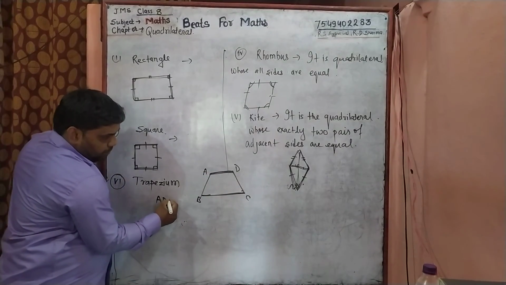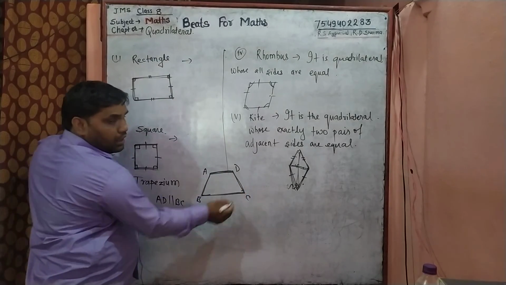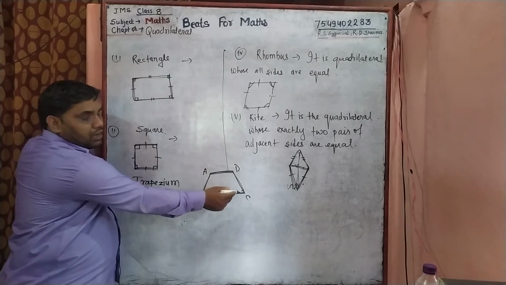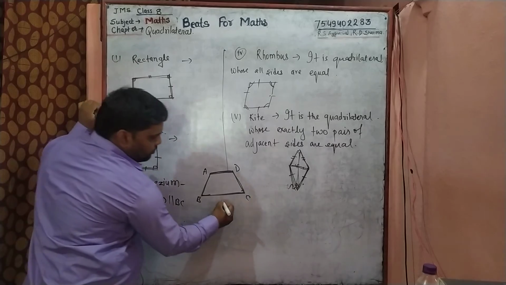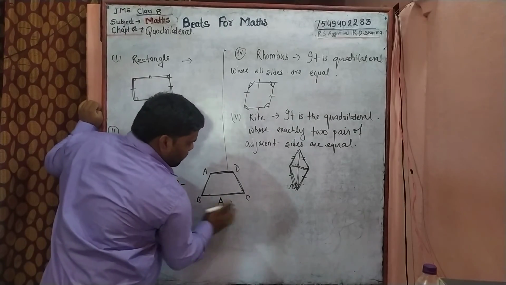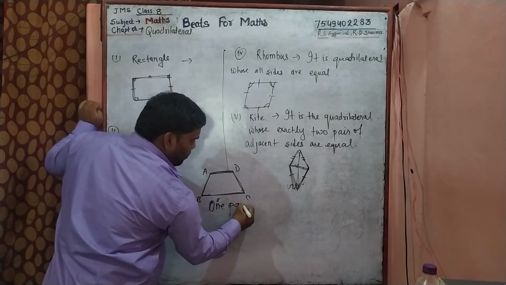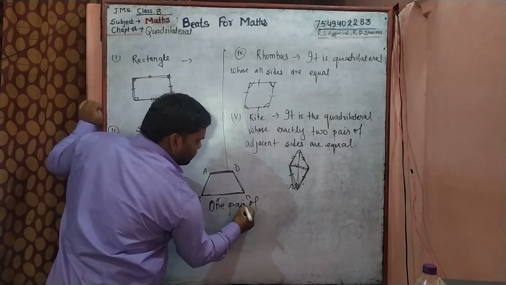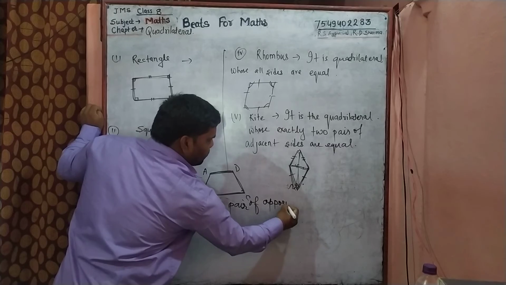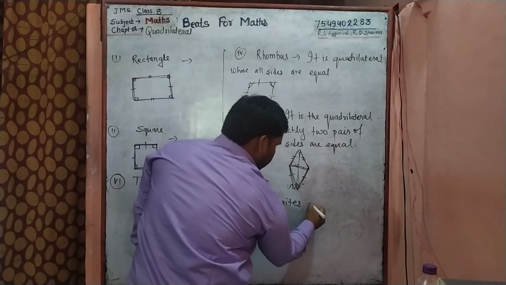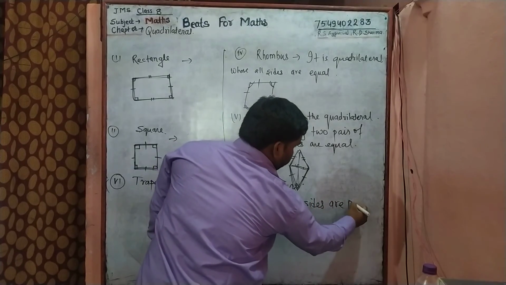Here AD is parallel to BC, and these two are called the non-parallel sides. These two are the parallel sides. One pair of opposite sides is parallel.